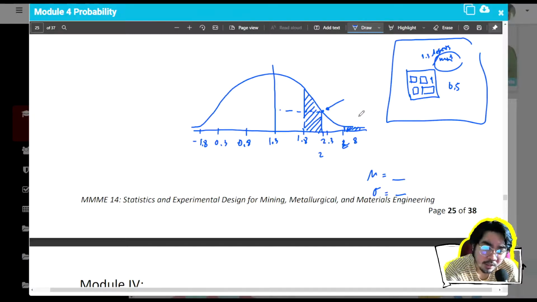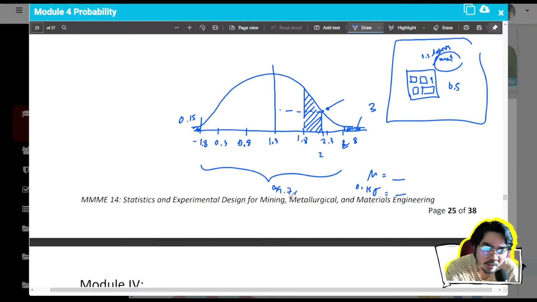If, for example, what you observed is 3 defects. Based on what we know, this is 99%, we said. 99.7, I think we computed. So, anything greater than that is only a small fraction. And since this is symmetrical, if this is 99.7%, then this is 0.15% and this is also 0.15%.